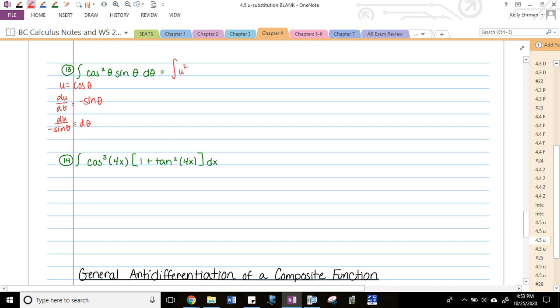So we have u squared sine of theta times du divided by negative sine of theta. The sine thetas cancel. There is a negative, so don't lose track of that. It's negative integral of u squared du. That's negative u to the third divided by 3 plus c. And that is negative cosine to the third of theta divided by 3 plus c.